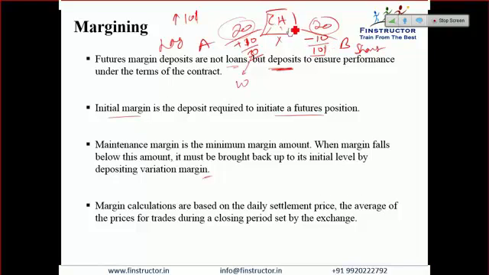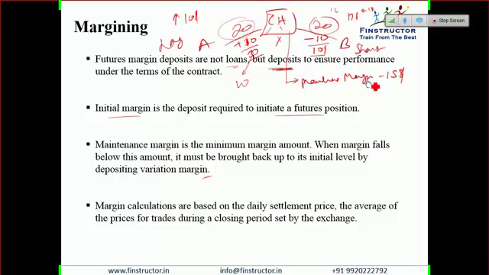The exchange will also inform something called the maintenance margin. So let's say maintenance margin is $15. That is, if your margin account balance falls to $17 or $18 or $16 even, the exchange will not bother you. You don't have to worry about it.